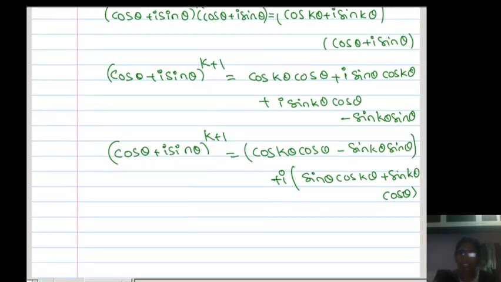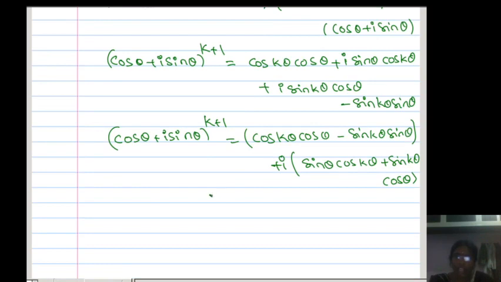Okay, see. Now what happened in this case? Cos A cos B minus sin A sin B. What is the formula for cos A cos B minus sin A sin B? Cos of A plus B. So I can write cos of k theta plus theta.